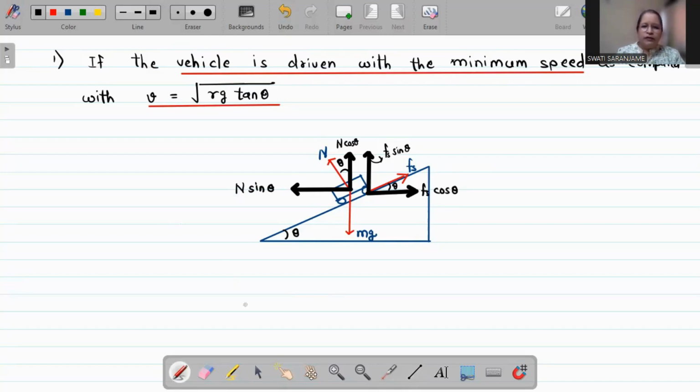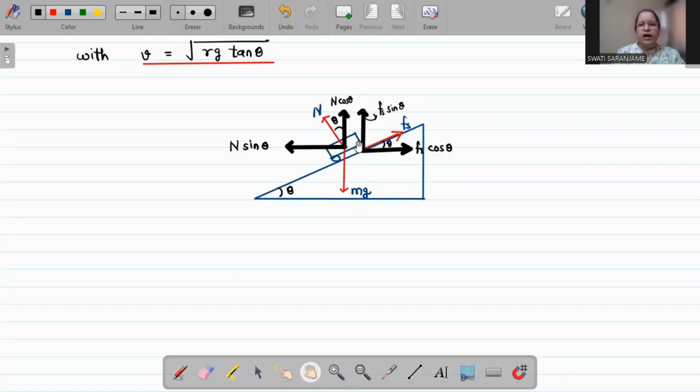Now we know from the figure that the weight mg is balanced by two vertically upward forces, n cos theta and fs sine theta. So we have our first equation here: mg is equal to n cos theta plus fs sine theta, as both forces act in the same direction.